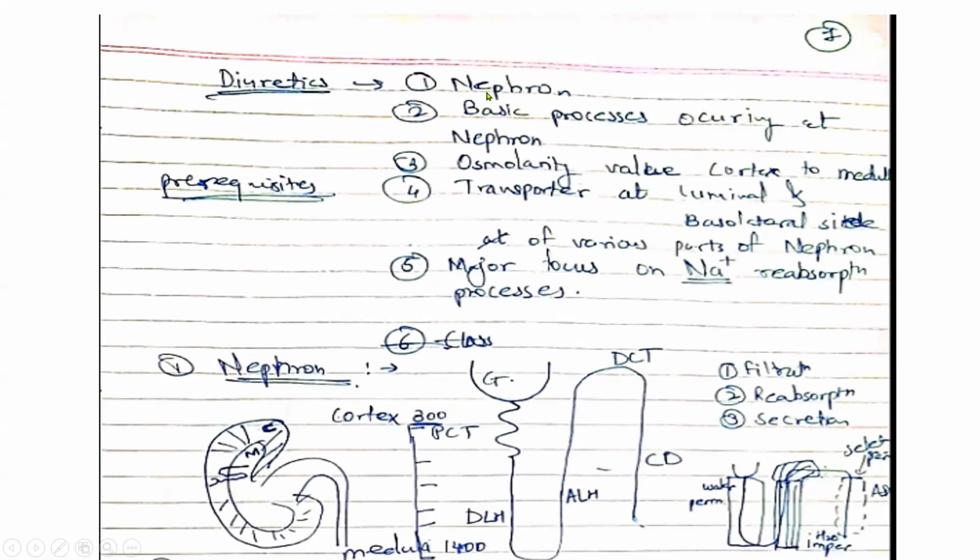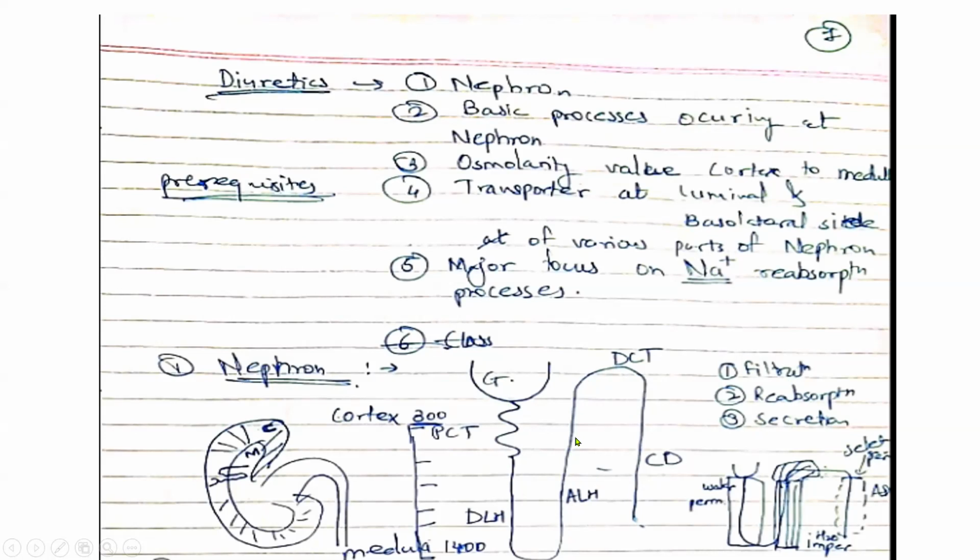Then you need to know the basic processes that occur at the nephron. Can you recall, students, that these are filtration, which occurs at the glomerulus, so it is called glomerular filtration. Reabsorption is when substances which were once present in blood have entered the lumen of the nephron and are going back to blood.